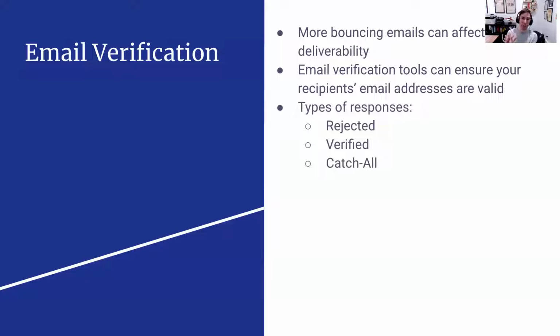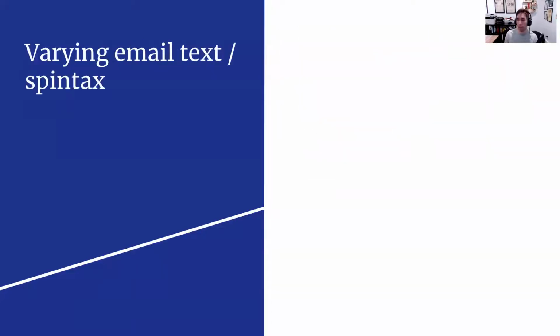A catch-all means it's not necessarily rejected by the email server, but it can't be 100% guaranteed to reach someone, so there is still a chance that it bounces. If you really want to ensure that all of your emails are going to real people and not bouncing, you should only email verified working email addresses.